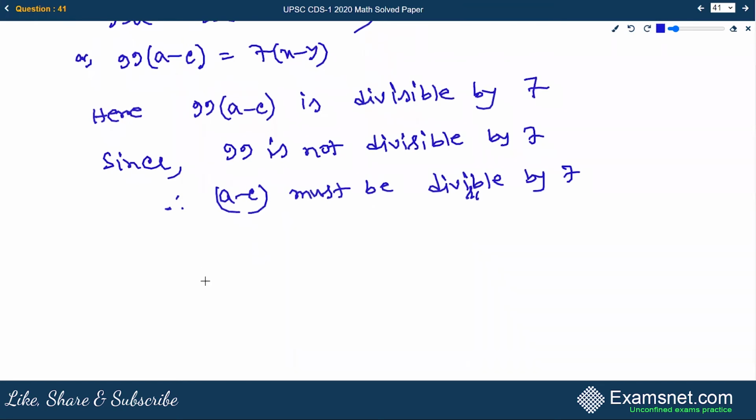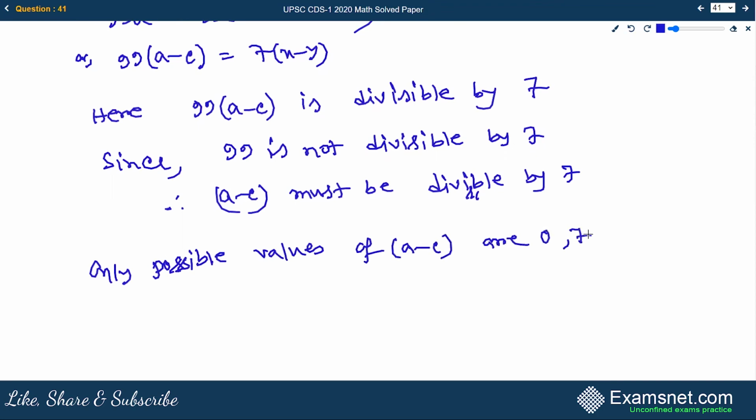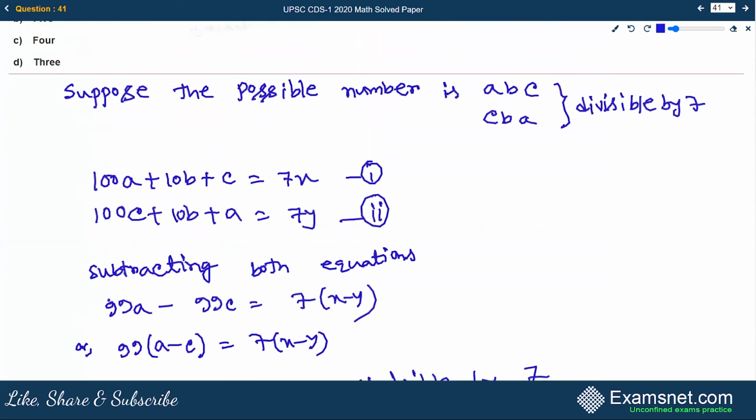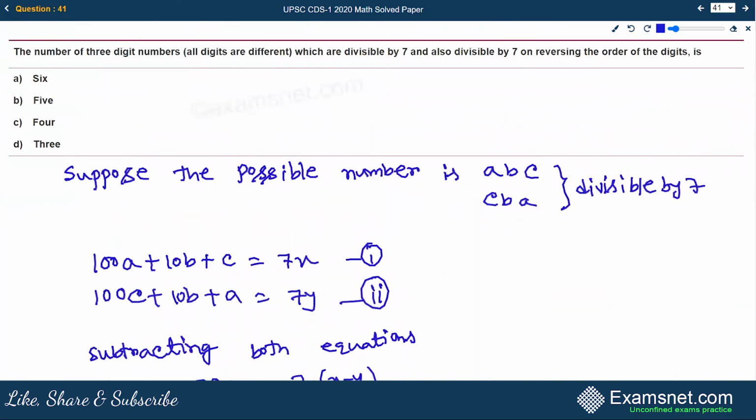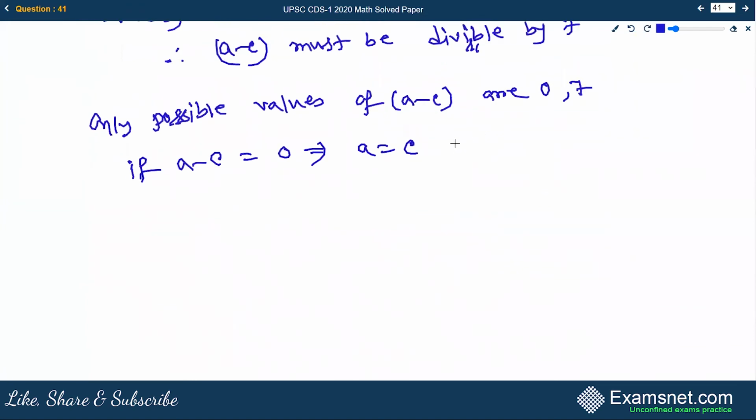So what are the possible values for A minus C? The only possible values of A minus C are either 0 or 7. If A minus C is 0, then A equals C, which is impossible because it is already given that all digits are different. So that is not possible.